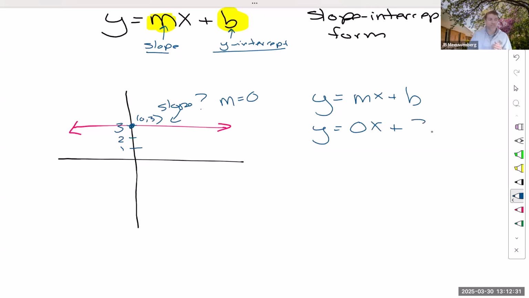So 0x plus 3, this really just turns into the number 0, because 0 times anything is 0. And all we're left with is y is equal to 3. The x term goes away.